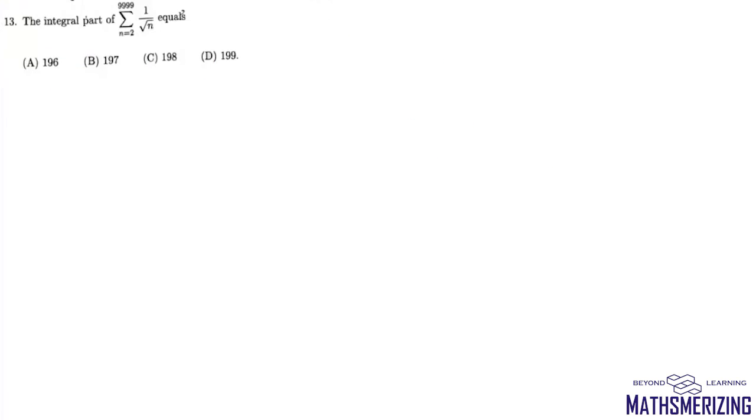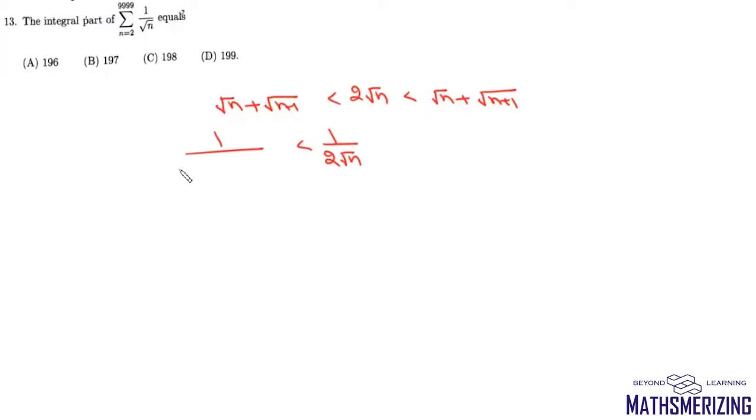Now question number 13 is, the integral part of this summation is, now we can write 2 under root n is less than under root n plus 1 plus under root n, and it'll be greater than under root n plus under root n minus 1. Now we'll take reciprocal, then we can write 1 upon 2 root n is greater than 1 upon under root n plus 1 plus under root n, and it'll be less than 1 upon under root n plus under root n minus 1.